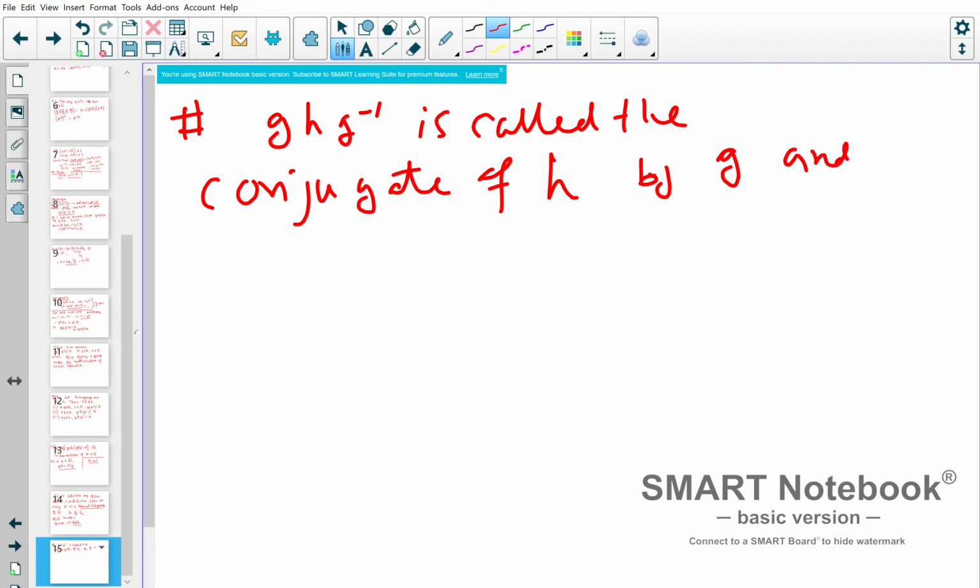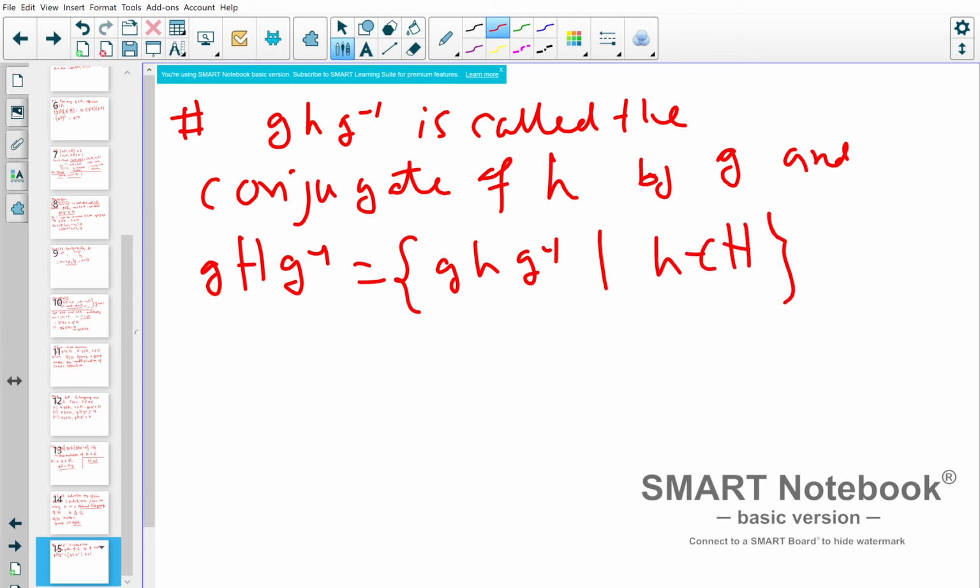You can also write g H g inverse as a set. So what is this? This is the set of elements of this form such that h belongs to H. So you collect any h, multiply g h g inverse, and collect all the elements. They will be of this form. And these are called conjugates of the subgroup H. Okay, clearly.